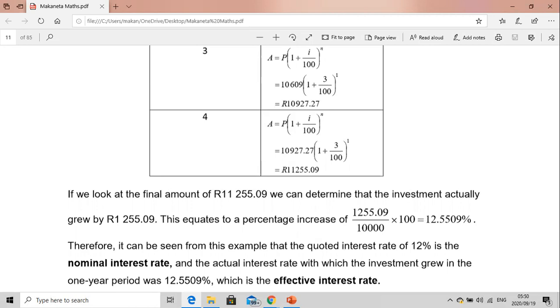So the actual interest rate on the investment, which grew over a year, is 12.55%. And this 12.55% is the effective interest rate.